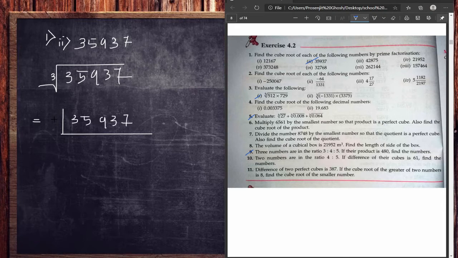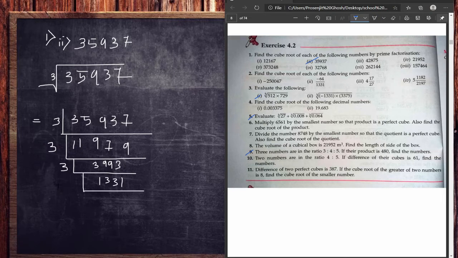Let me break it with 3. So what I will get is 1, 1, 9, 7, 9 from here. Also, as the 9 is at last, I'm going with 3 again. So what I will get is 3, 9, 9, 3. Finally, if you do it again with 3, you will get 1, 3, 3, 1. And that is a multiple of 11. So 11 into 121, so 11, then again 11 is coming.